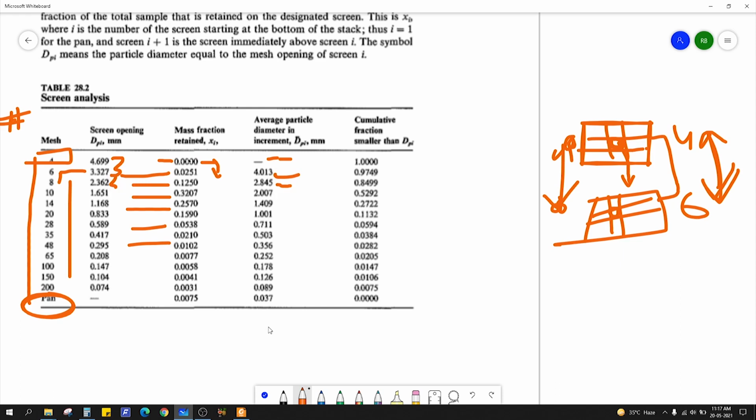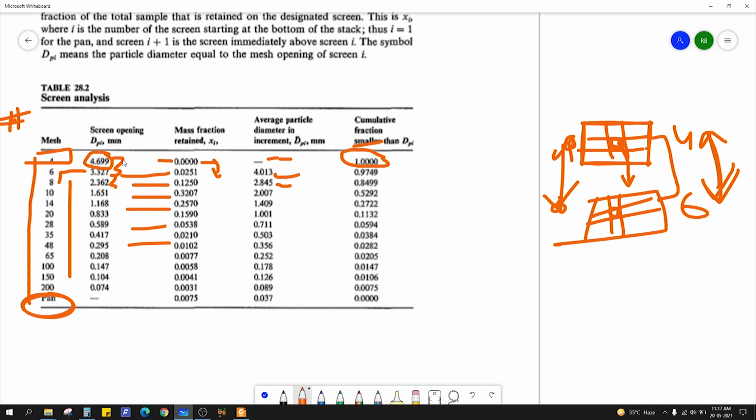It will decrease. Okay. And what about the cumulative fraction smaller than dpi? Smaller than, what do you mean by smaller than? This will be basically between 0 and 1. So 1 means what? Smaller than 1. See, all the particles have passed through this mesh 4. There are no particles left on mesh 4.